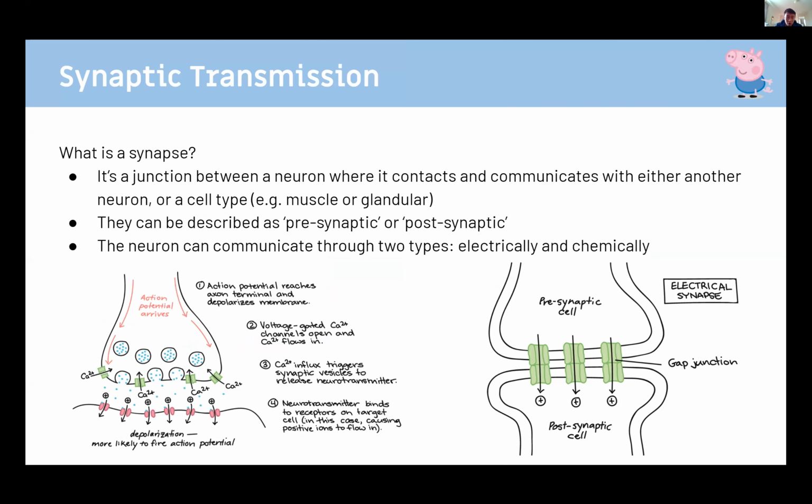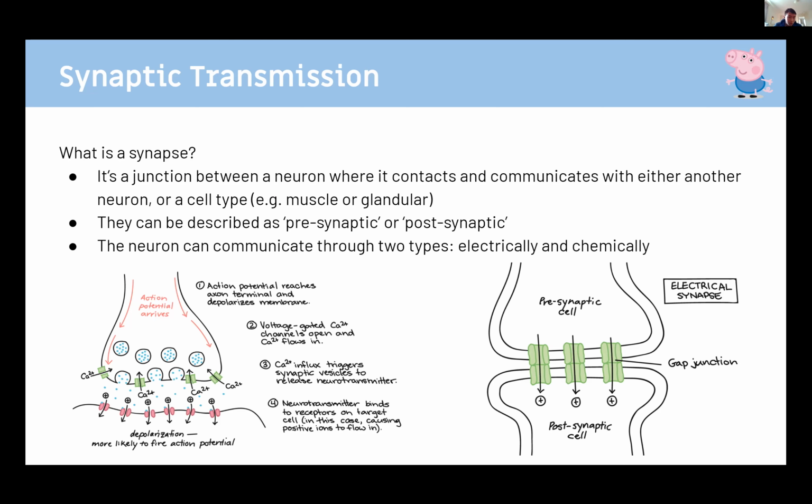You can also describe the components as presynaptic and postsynaptic, because you have one cell touching another cell. The first neuron is presynaptic, so it's before the synapse, and the second neuron or cell will be postsynaptic because it's after the synapse.